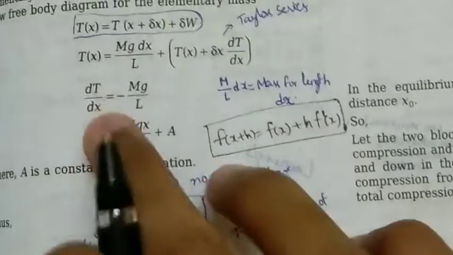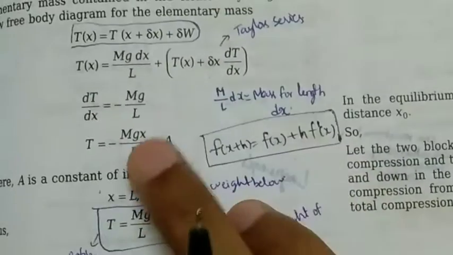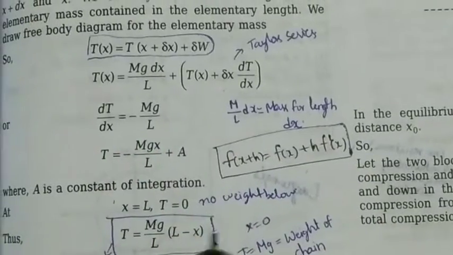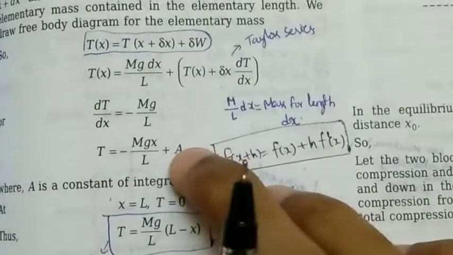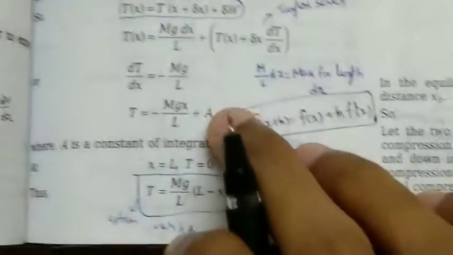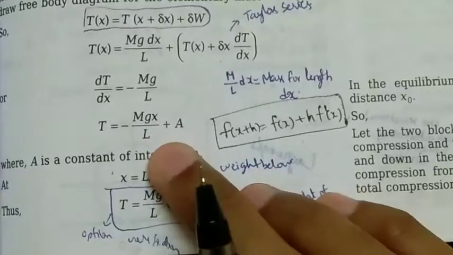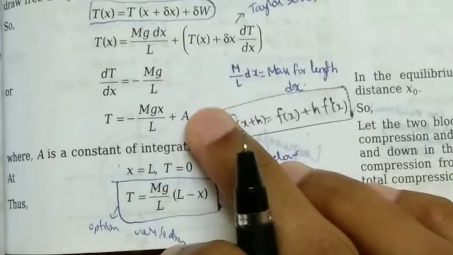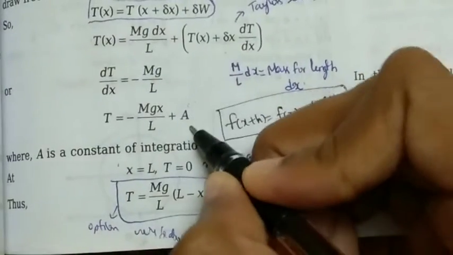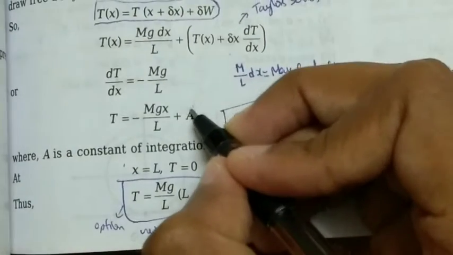So this condition we need to substitute in this equation. At x equals L, t equals 0, so a is nothing but mg. So a is mg, and in this equation we have to substitute mg in the place of a. Here t is minus mgx by L plus mg, and mg into L by L, so we have only mg.